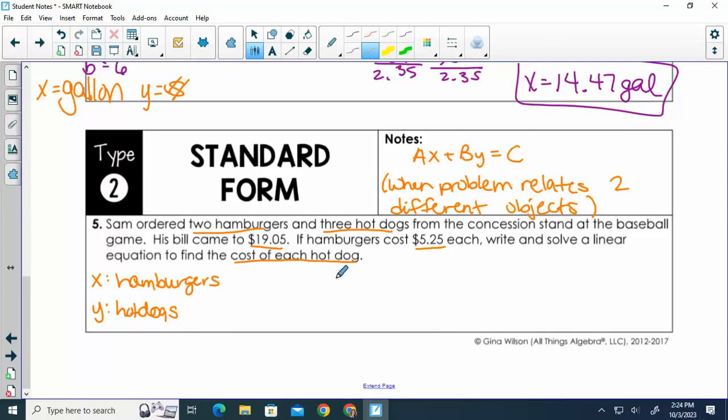Okay, now I am trying to write an equation for the cost. So how many hamburgers did I buy? 2. So to find out how much money you spent on hamburgers, you would have to take 2 times the number of hamburgers you bought.